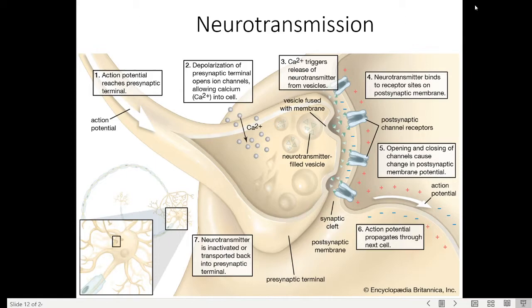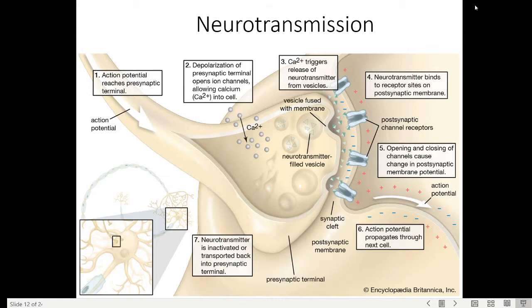That is seven steps. Based on this, many questions are asked. For example, if the calcium ions are higher in quantity in the presynaptic cell, what is the action potential of the postsynaptic cell?